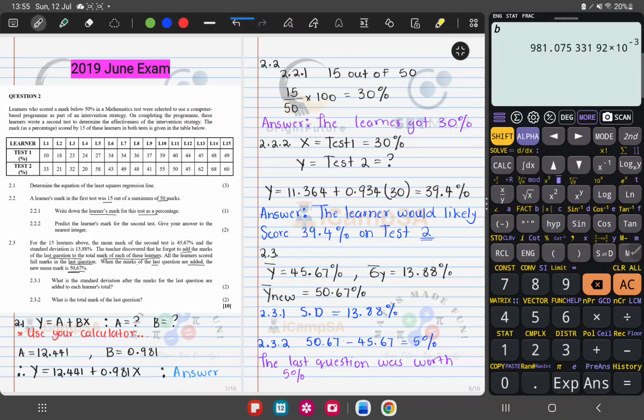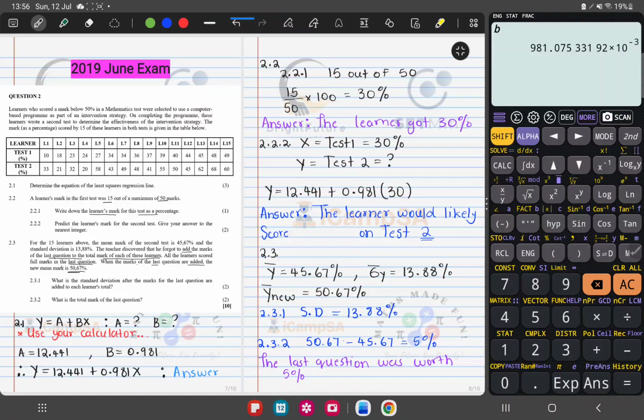That is our answer, and we can now go ahead and correct what we have here. Our y will be 12.441 plus 0.981 times 30.